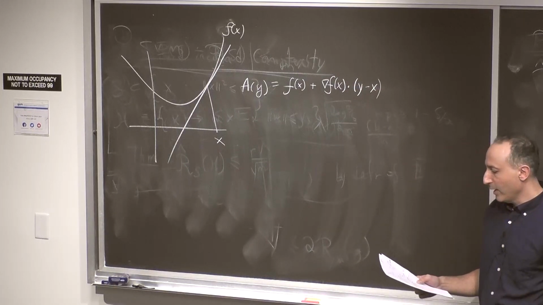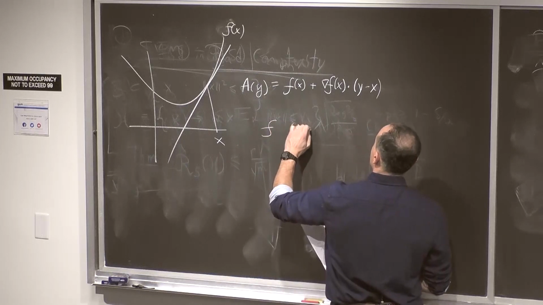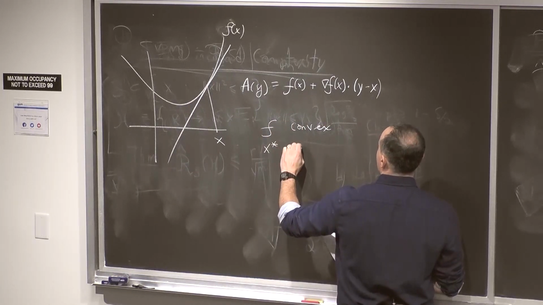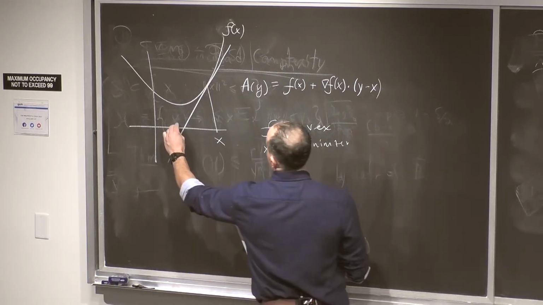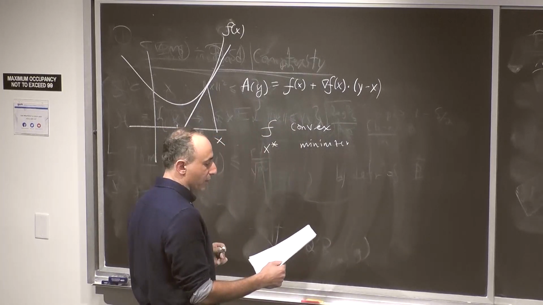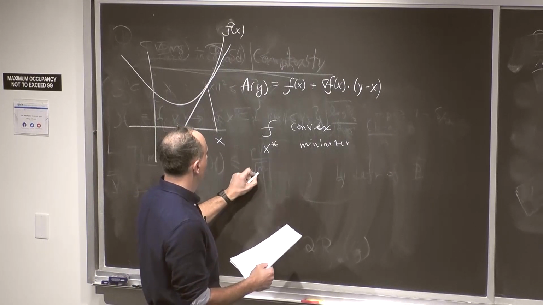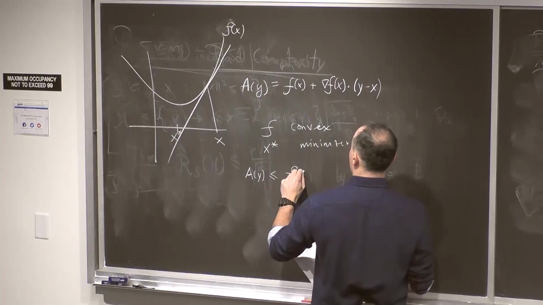And convexity means, we say that f is convex, so notation, let's call x star, let's just assume it's unique, the minimizer. So it's there. And the definition of convexity is that this affine function of y is below the graph of f of y.